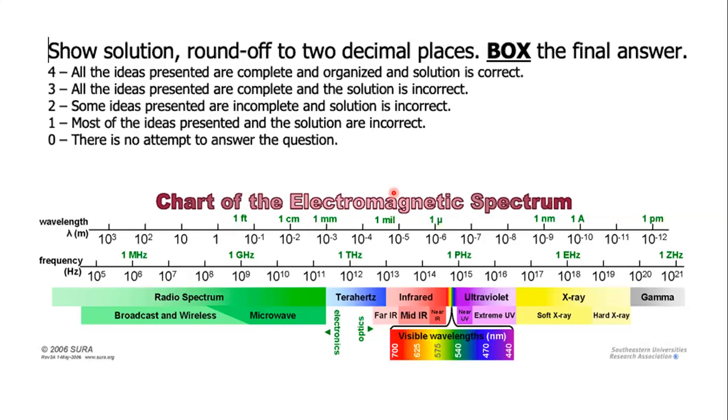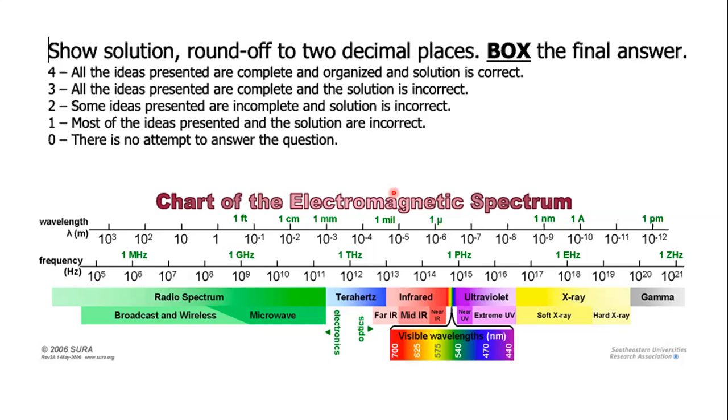All ideas presented are complete and organized, and the solution is correct. You will get 4 points for that. So, to help you get that 4 points completely, do the GAS form and then present the correct answers. Round off properly as we had agreed. We're going to do that in the final answer.